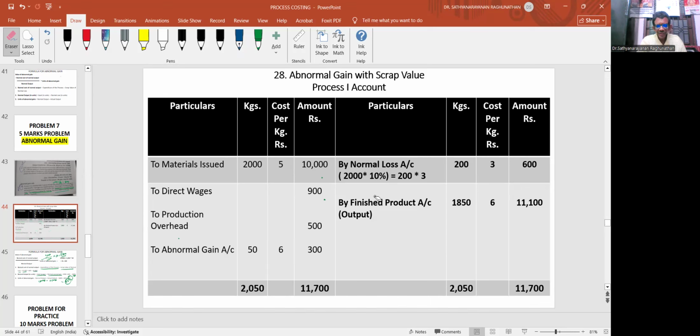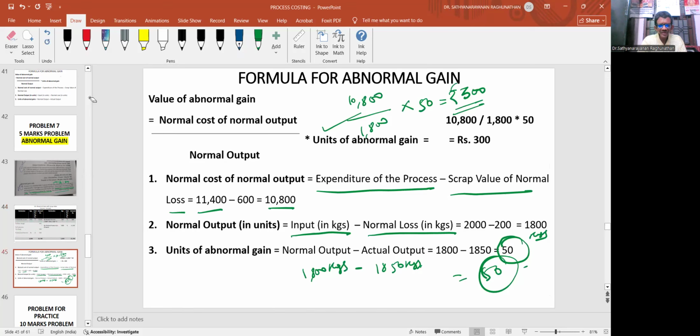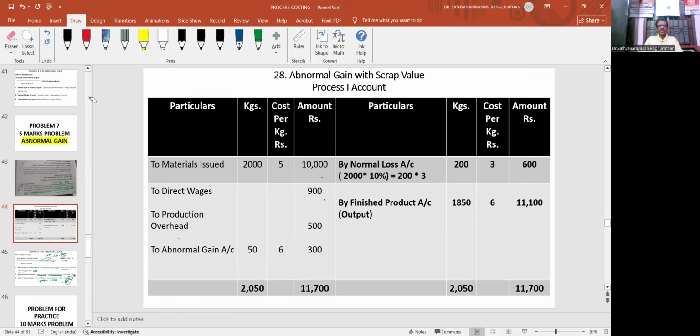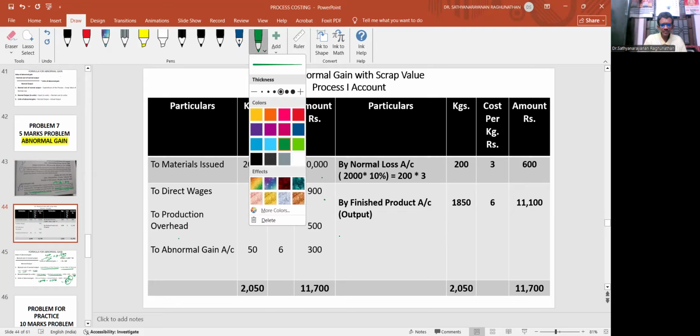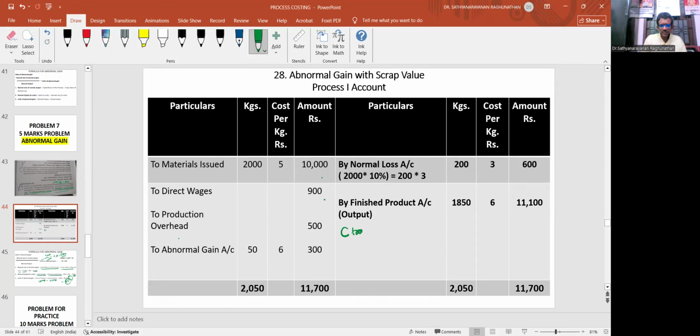Now, okay. So this is the proper answer solution for the problem. Just take a screenshot of this solution. And then finally you have to write transfer 1,850 kgs at rupees 6 per kg for, that's all.